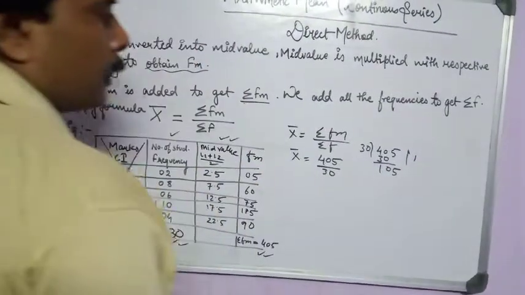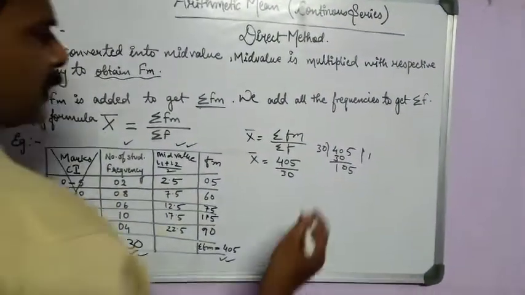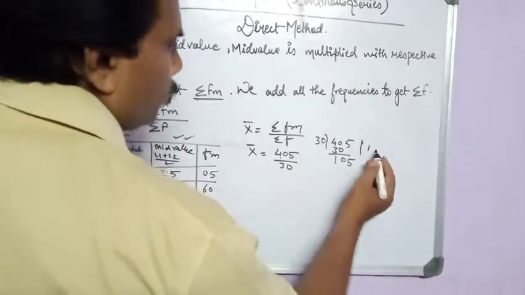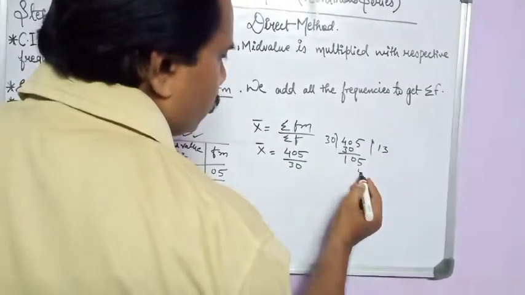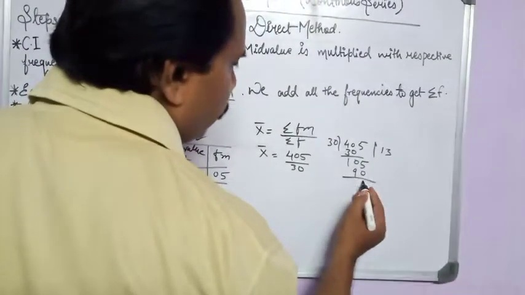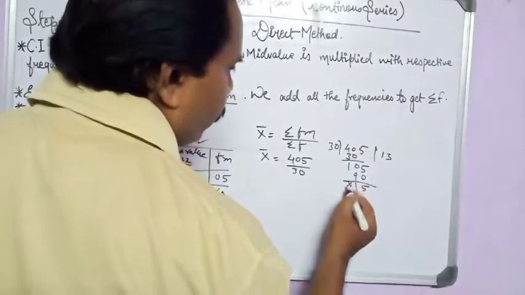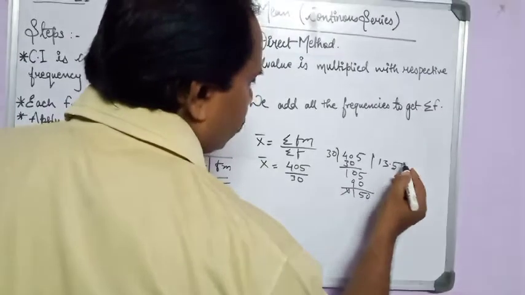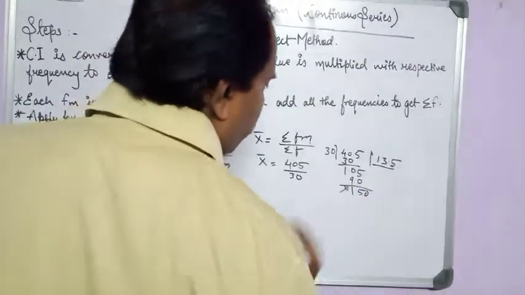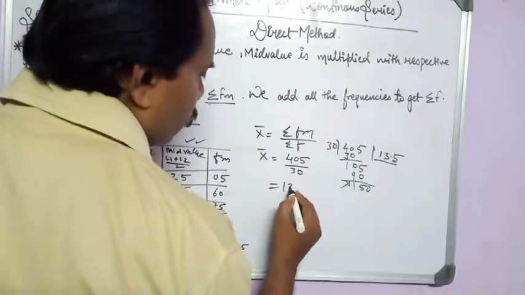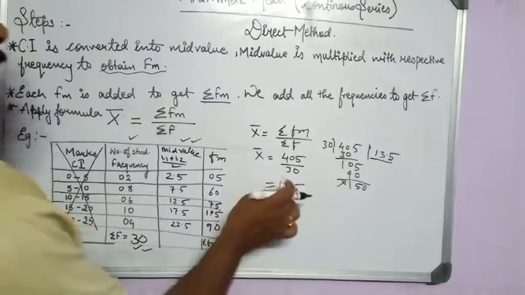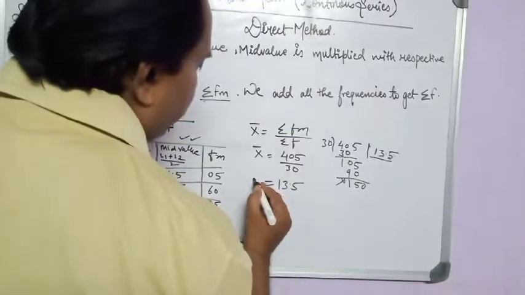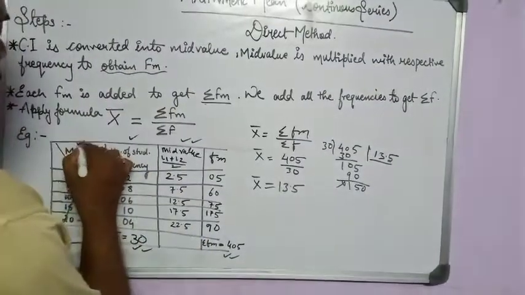Continuing the division, 405 divided by 30 gives 13.5. So what is 13.5? It is the mean value of the given marks.